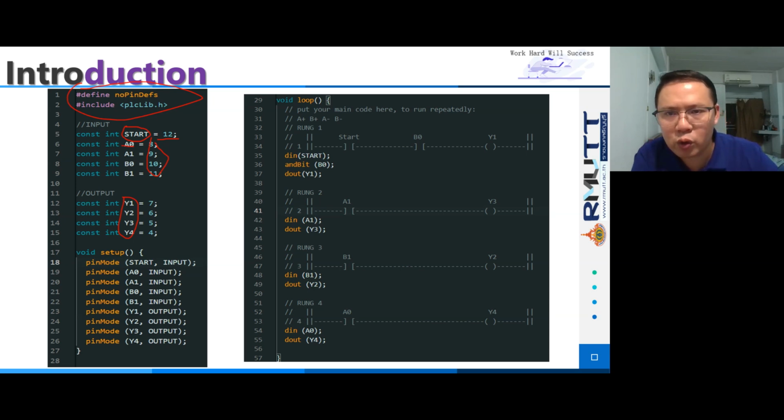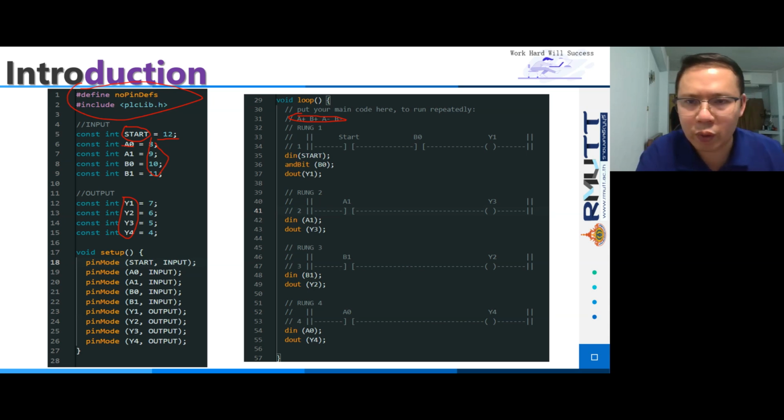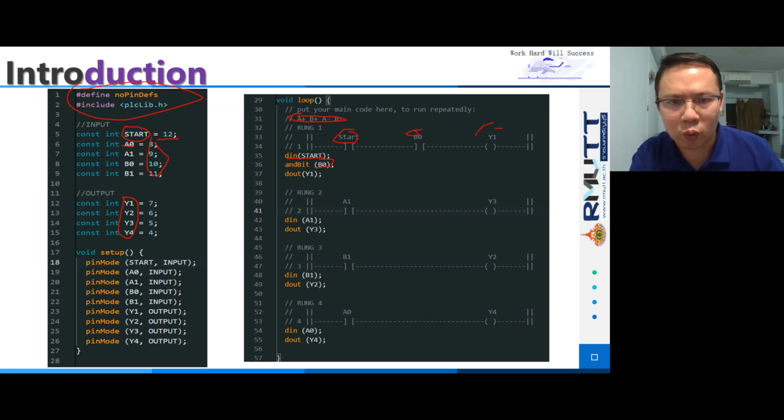And in the void loop, we can control the A plus, B plus, A minus, and B minus. When start and B1 are on, Y1 is working. It's A plus. When A1 is on, Y3 is working, it's B plus.